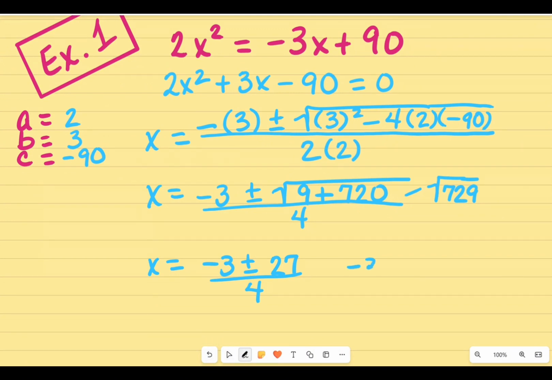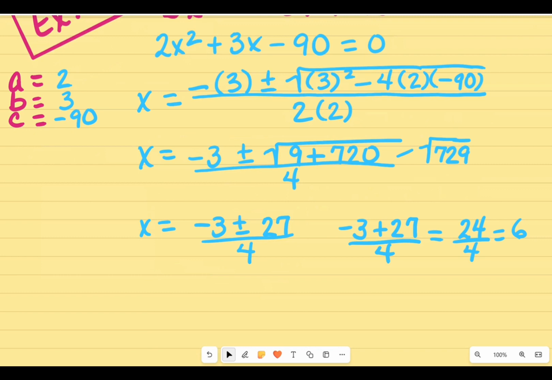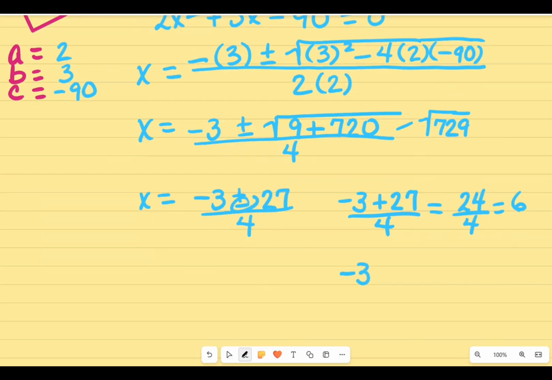So I'm going to take negative 3 plus 27 divided by 4. And now in the numerator, if I just combine the negative 3 plus the 27, that's going to give me a positive 24 divided by 4. And I can further simplify. 24 divided by 4 is 6. And now I'm going to take that same negative 3, but this time I'm going to subtract 27 from it. Take that answer and divide it by 4.